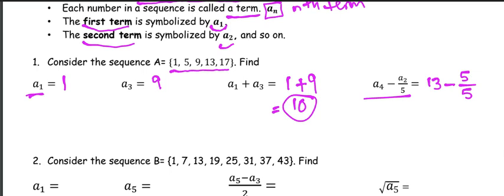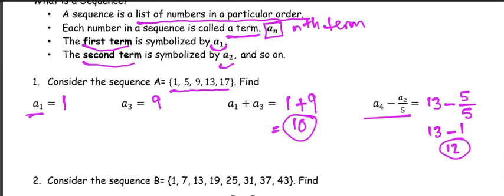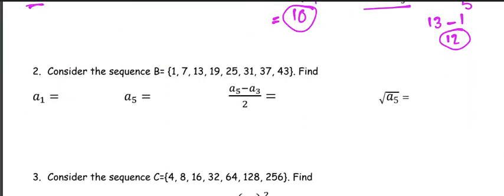So I'm going to end up with 13 minus 5 over 5. That's 5 over 5 in the calculator, which is 1. 13 minus 1 is 12. And that's the final answer. Try and solve number 2 and 3 by yourself.